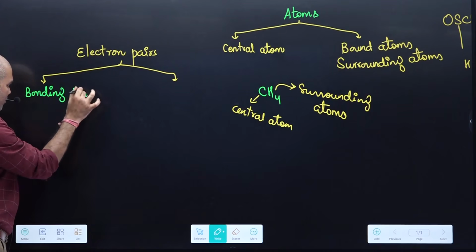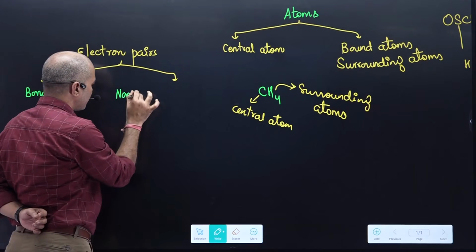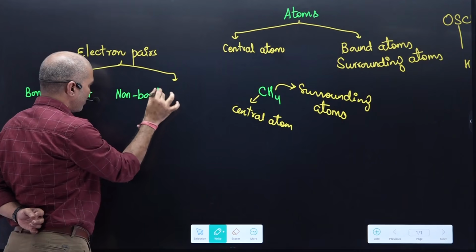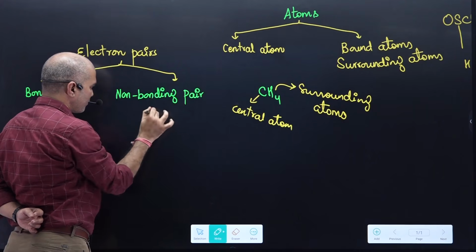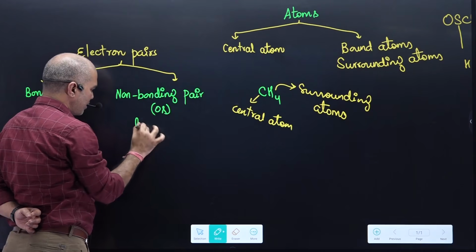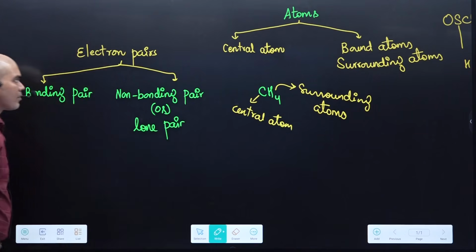One pair of electrons we call a bonding pair. Another type of electron pair is called a non-bonding pair. The other name is lone pair. Electron pairs are of two types: bonding pair of electrons, non-bonding pair of electrons.